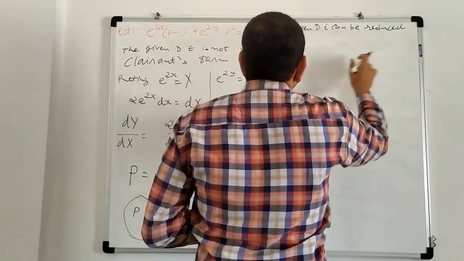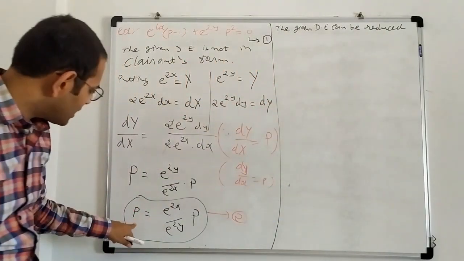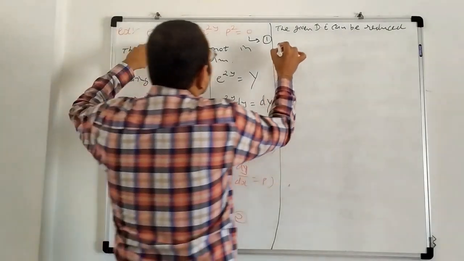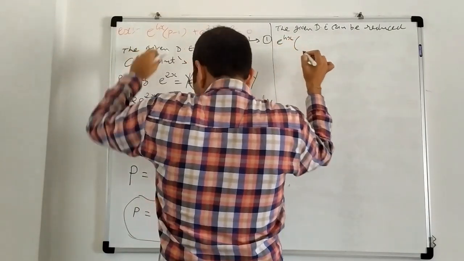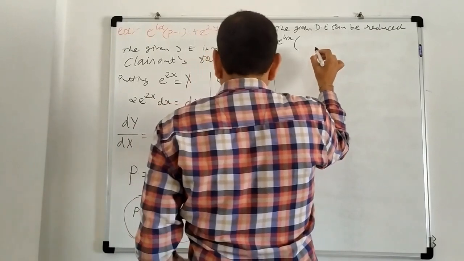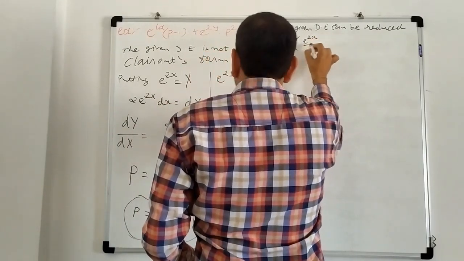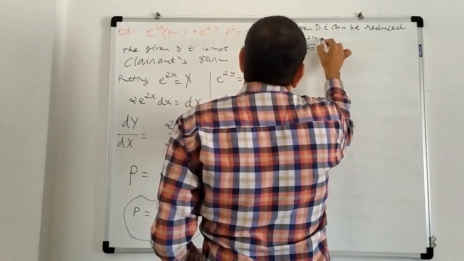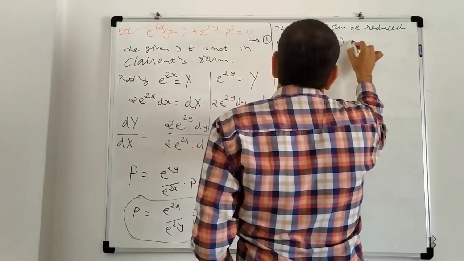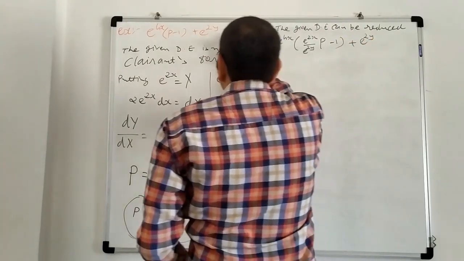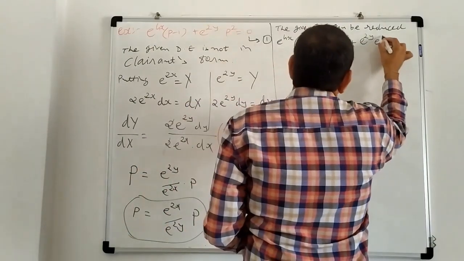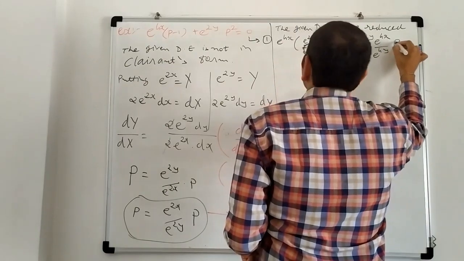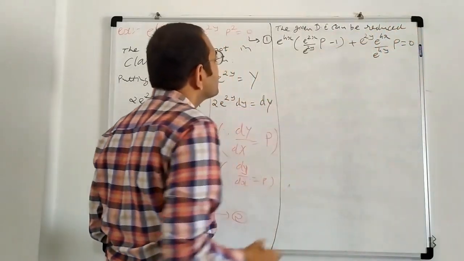Substituting in this equation, we get e^(4x) times (e^(2x)/e^(2y) times capital P − 1) plus e^(2y) p², which is e^(4x) e^(4y)... capital P² equal to 0.